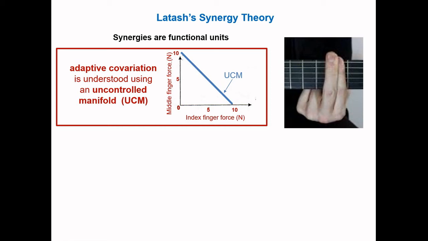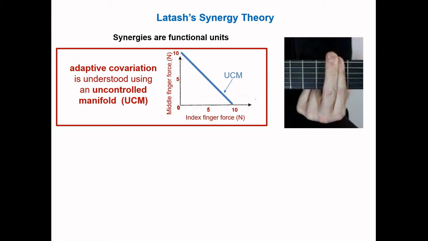The key to understanding adaptive covariation is understanding that the required 10 newtons of force can be generated in multiple ways. For example, the index finger can produce 10 newtons of force, while the middle finger produces no force. Or the middle finger can produce 10 newtons of force, while the index finger produces no force. Or the index finger can produce 6 newtons of force, while the middle finger produces 4 newtons.